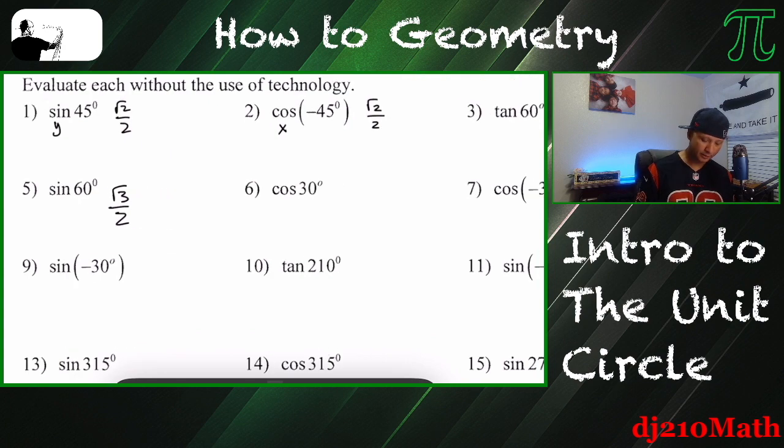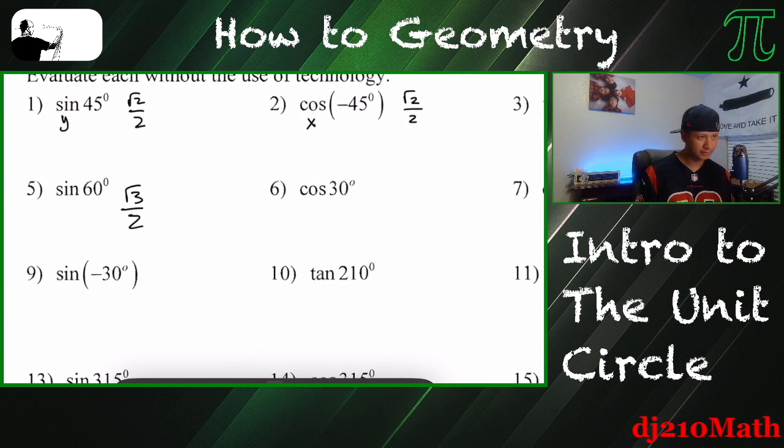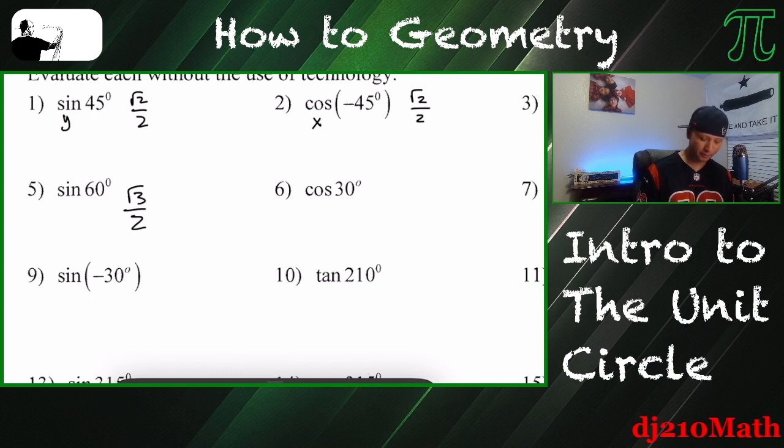Okay. Cosine of 30. So let's think about this for just a moment without going back. So 30 degrees is right here. I know that this point is 1, 0. Well, then 30 is the first tick mark.